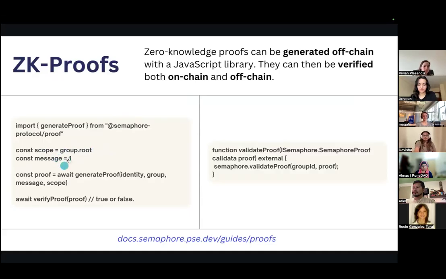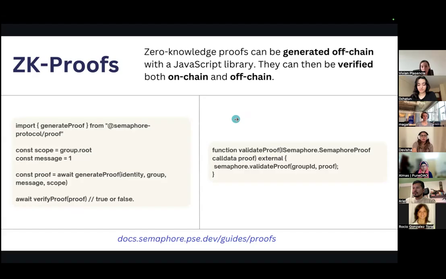And then this is the message, and this is the way to generate the proof. You just call the generate proof function and add the parameters, and then you can verify the proof this way, just passing the proof. This will return true or false, whether it was successfully verified or not.